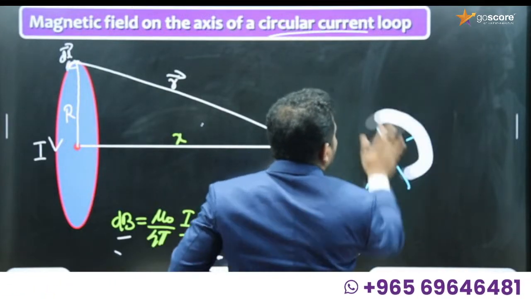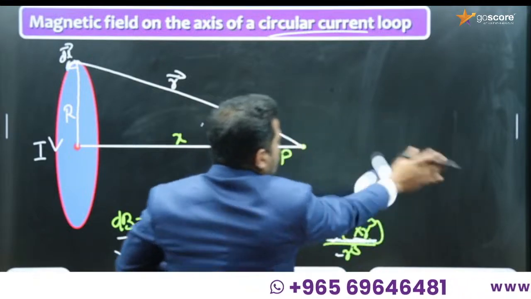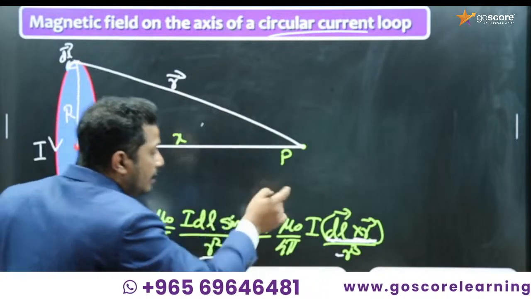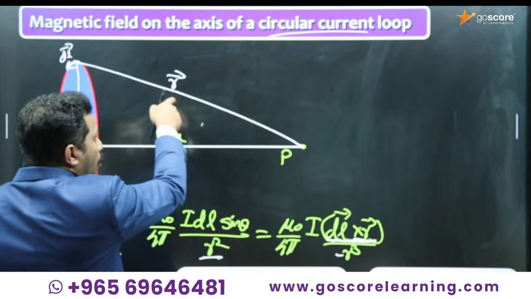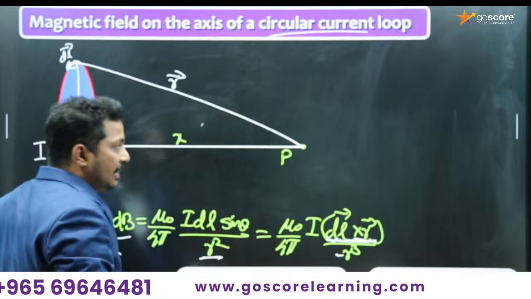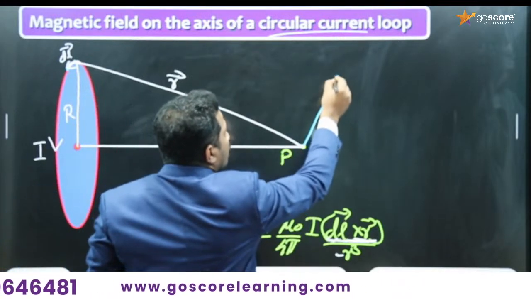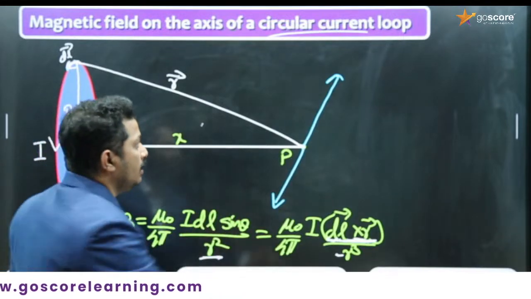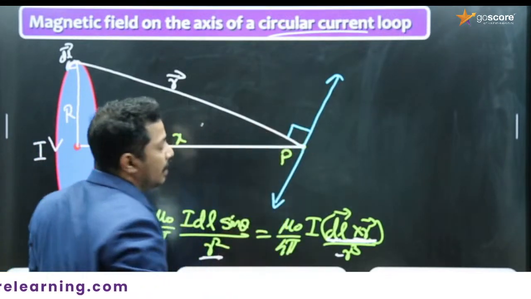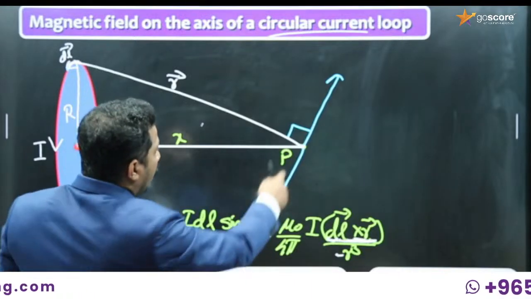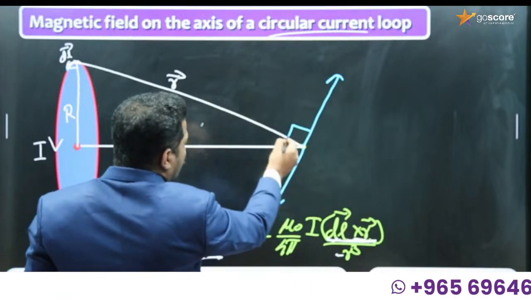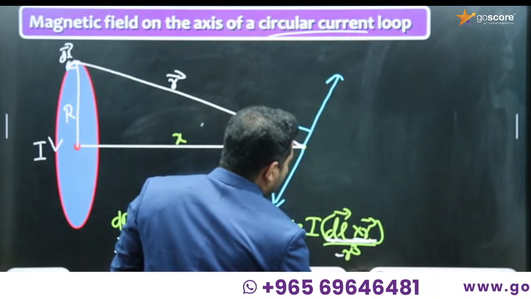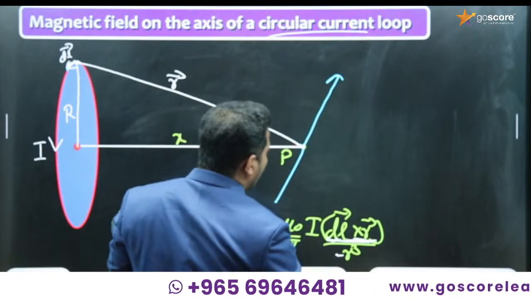So the direction of magnetic field should be perpendicular to r and perpendicular to dl. There are two possibilities: the angle between dl and r should be 90 degrees, and this will also be 90, right? Among these, what will be the right direction for magnetic field?